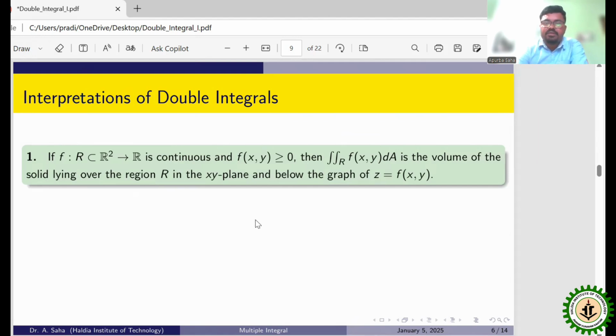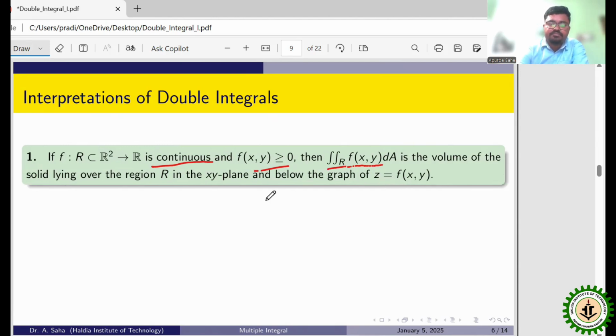Now we see the interpretations of double integrals. If f is a function from R, where R is a region of R2, to the set of all real numbers, is continuous and f(x, y) is greater than or equal to 0, then the double integration of f(x, y) dA over the region R is the volume of the solid lying over the region R in the xy plane below the graph of z equals f(x, y).